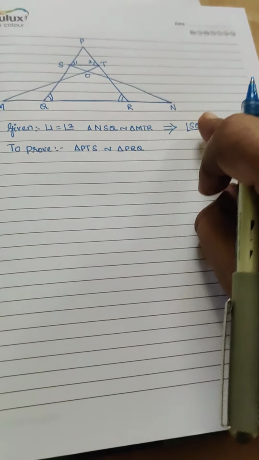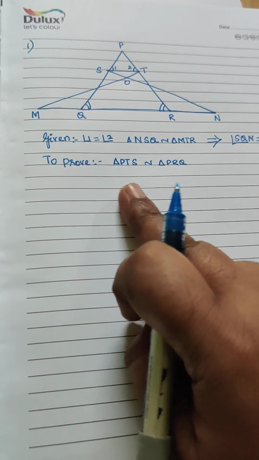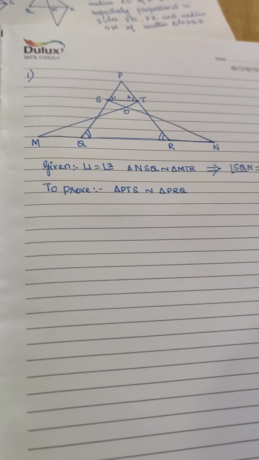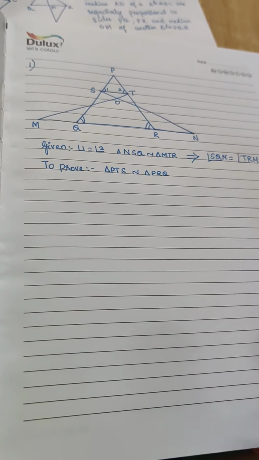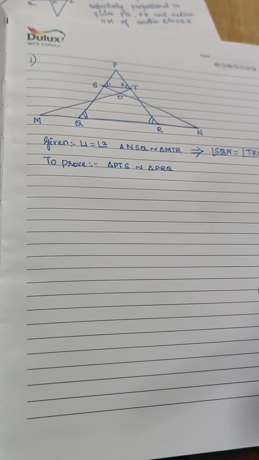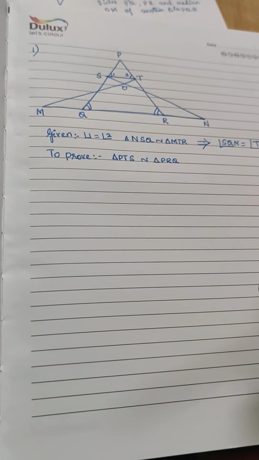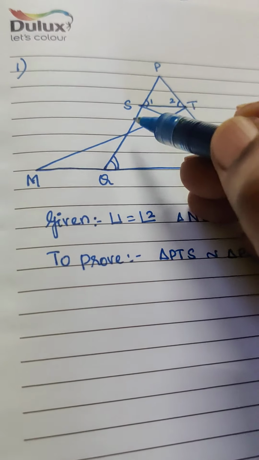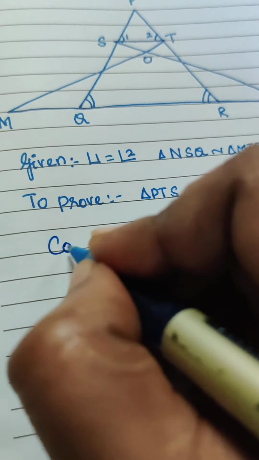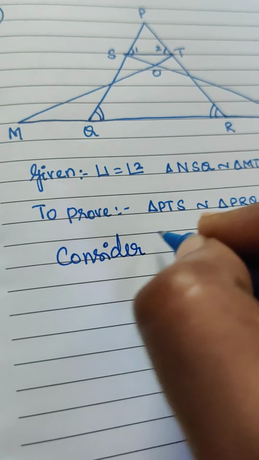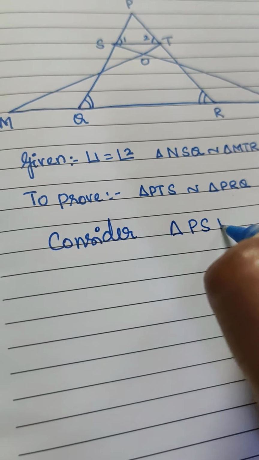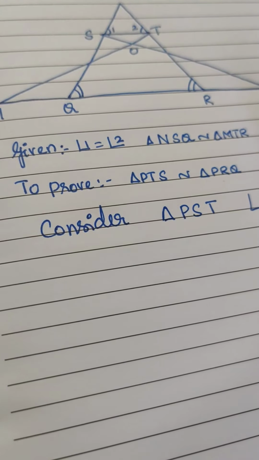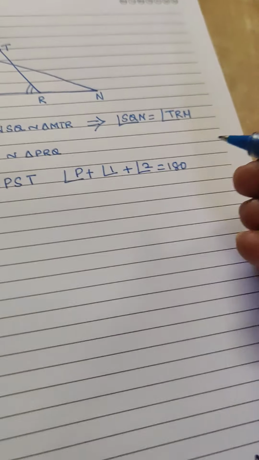So this is what we have got, and we are supposed to prove that PTS is similar to PRQ. So here there is no parallel conditions given, so I have to go only with angle sum property. So first I will consider triangle PST. So consider triangle PST. So angle P plus angle 1 plus angle 2 will give me 180 degrees.